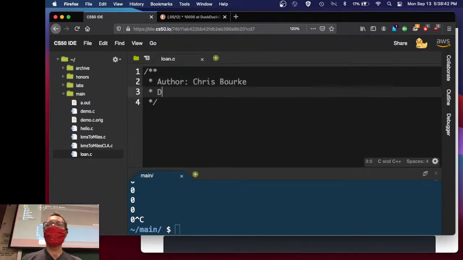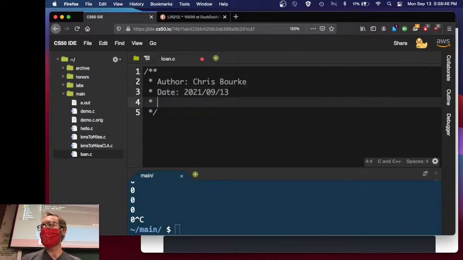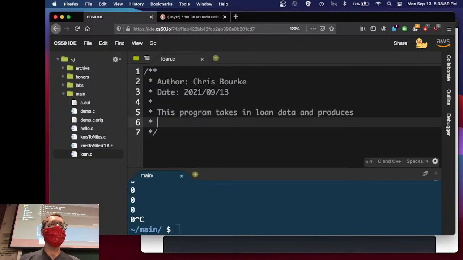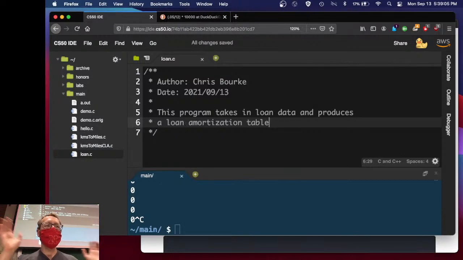What else should I put in there? Date, 2021, it's September 13th. And what else do I need? The purpose. This program takes in loan data and produces what is called a loan amortization table: how much you're paying each month to interest, how much you're paying to principal, etc.